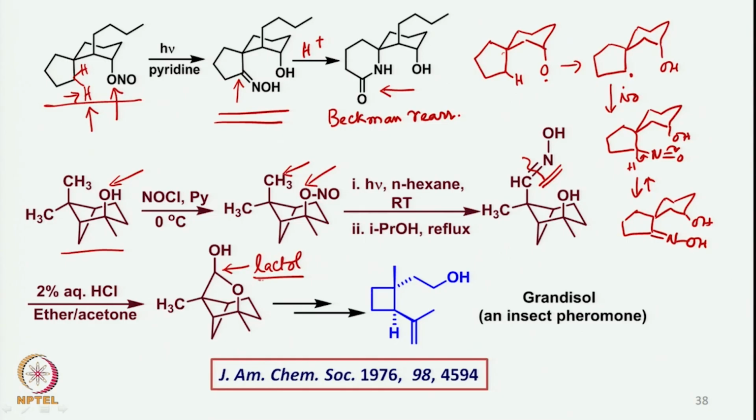Now this particular lactol has been converted to the corresponding 4 member ring. As you can see, there is a 1, 2, 3 and 4 member ring. This is the 4 member ring that is formed here.